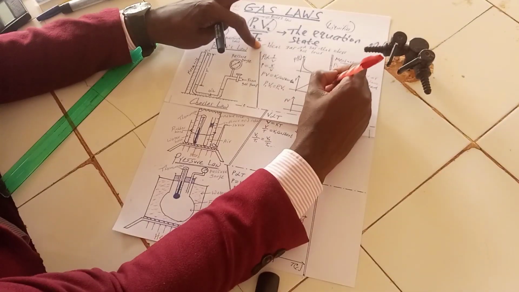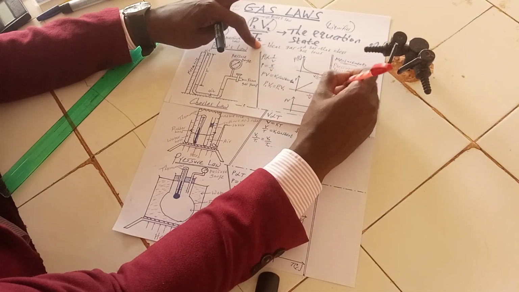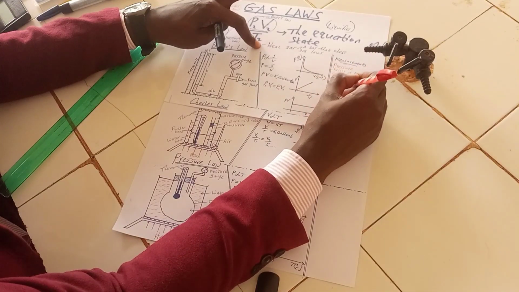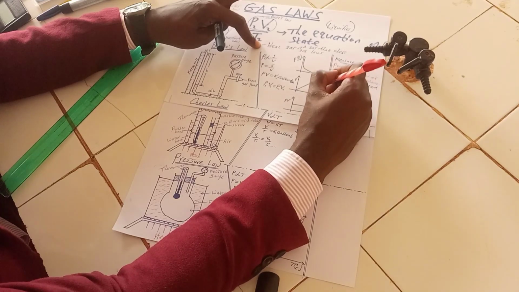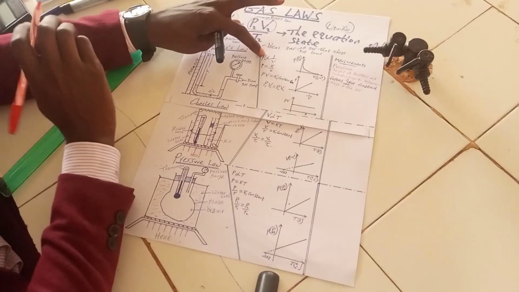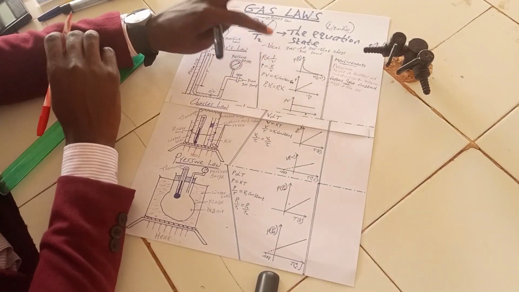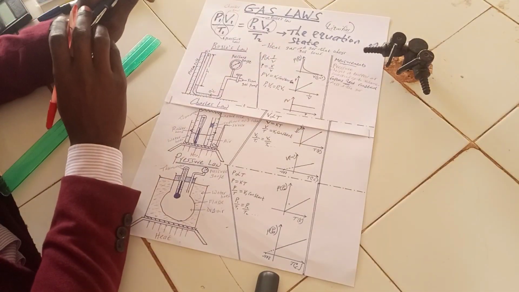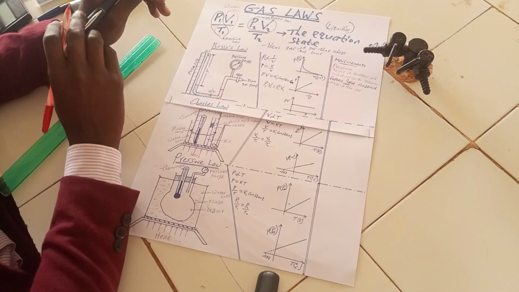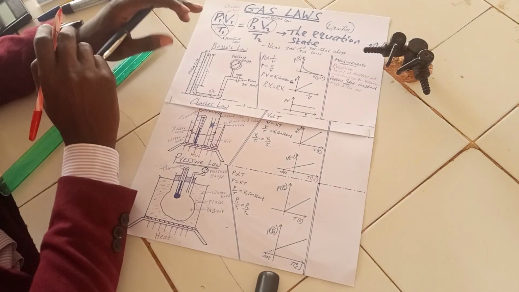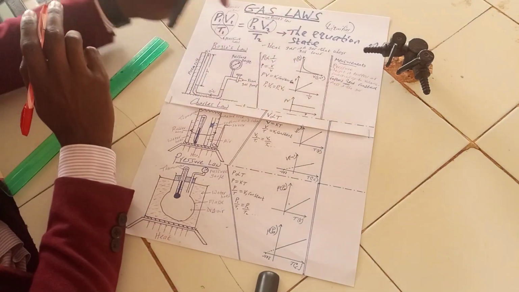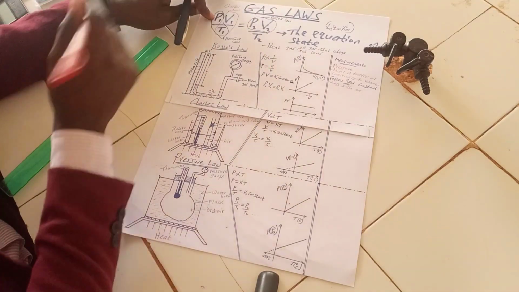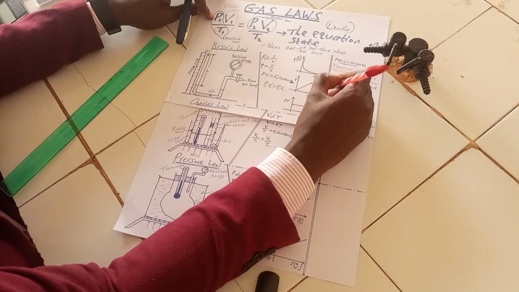So that means the first constant value is always the mass of the gas. Because we normally say pressure of a fixed mass of a gas is inversely proportional to its volume, provided that temperature is kept constant, so mass is fixed. The other constant value here, because we are relating pressure and volume, means temperature is also constant.